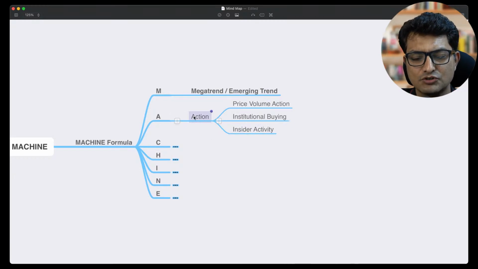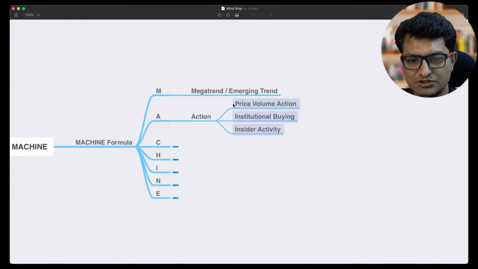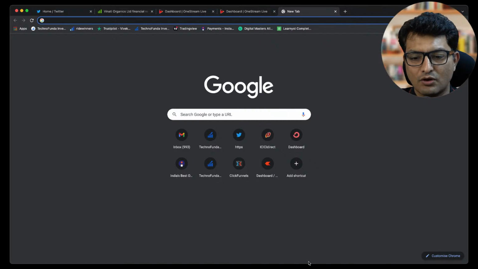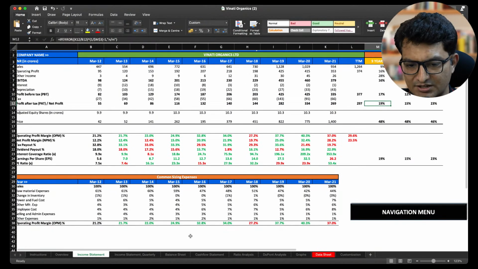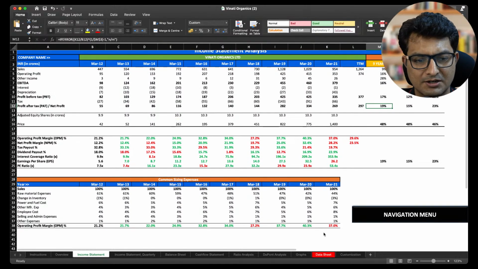The second thing you should look at is price volume action, institutional buying, and insider activity. You can find this in the screener itself, where you can see the shareholding pattern.